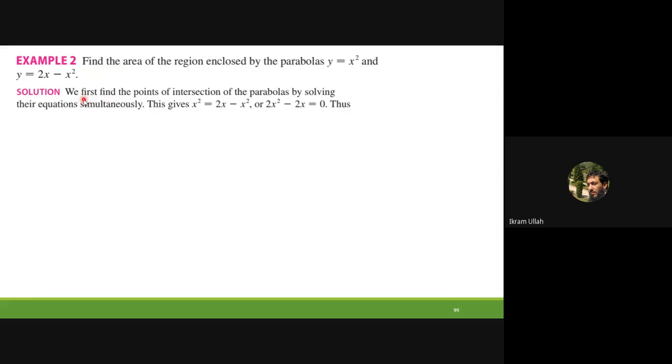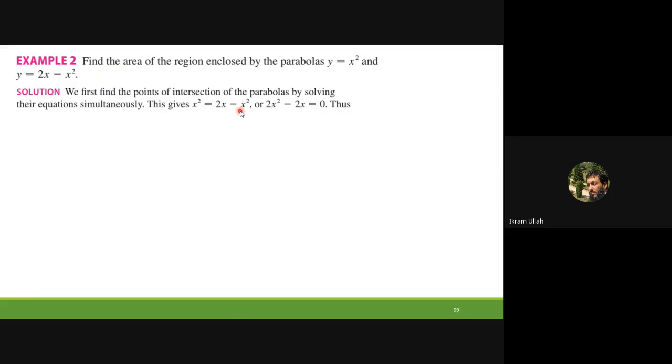So we first find the points of intersection of the parabolas by solving their equations simultaneously. For this you have to solve these two equations of the parabolas. Put y is equal to x square over here. This will be x square is equal to 2x minus x square, so we can write 2x square minus 2x is equal to 0.